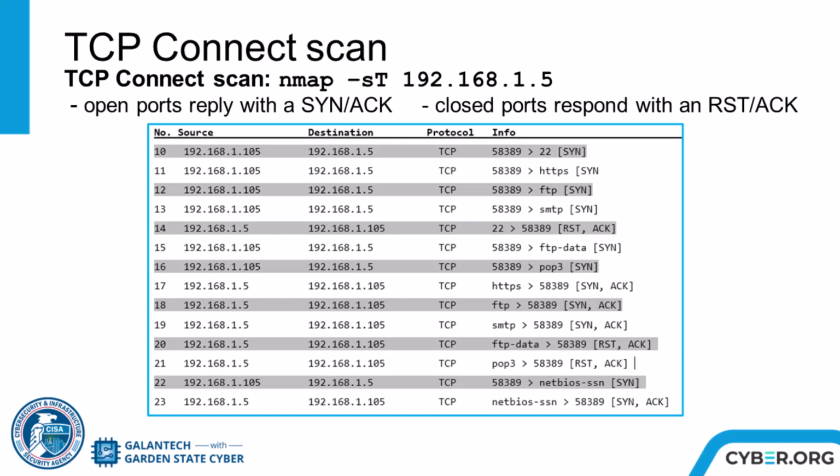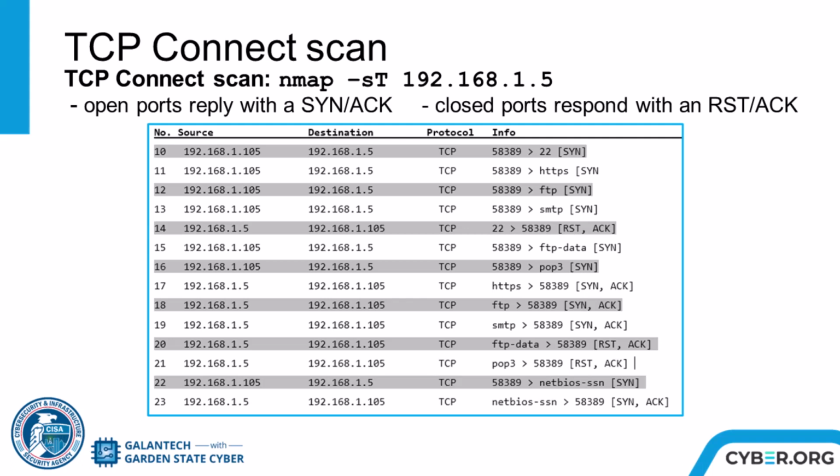This Wireshark capture of a TCP connection scan shows that the sender 192.168.1.105 is scanning a target by sending SYN packets to 192.168.1.5 for different port numbers. Let's look at this for a moment.